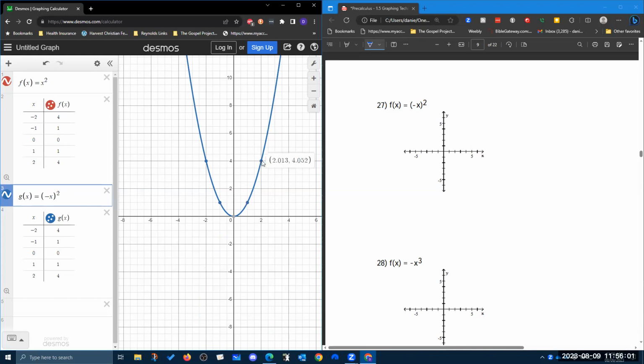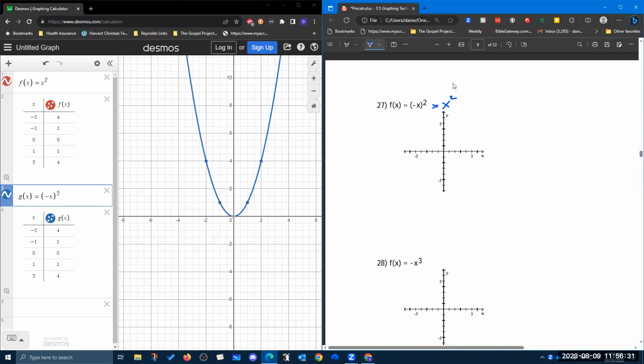And so on, the right-hand side reflected to the left-hand side and the left-hand side reflected to the right-hand side. That's exactly what we would have expected if we had done the arithmetic, because when you square a negative, you get a positive, and so we wouldn't notice any difference.